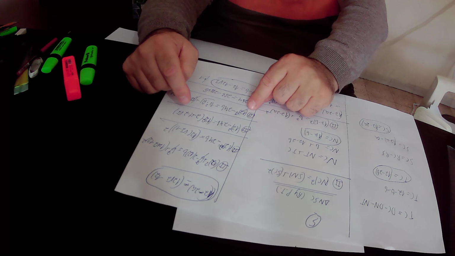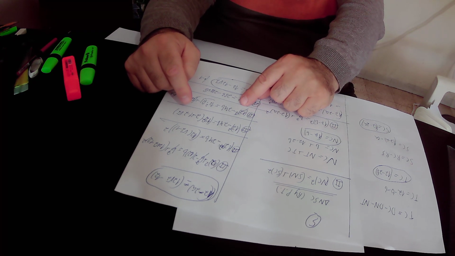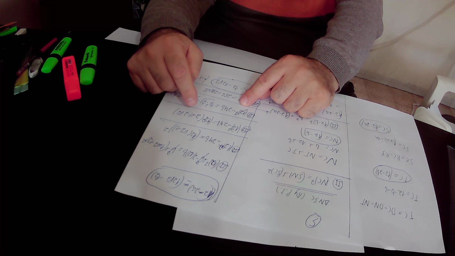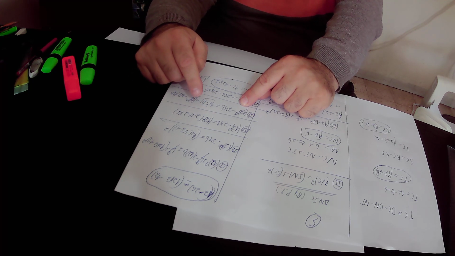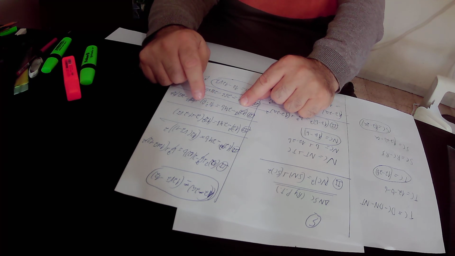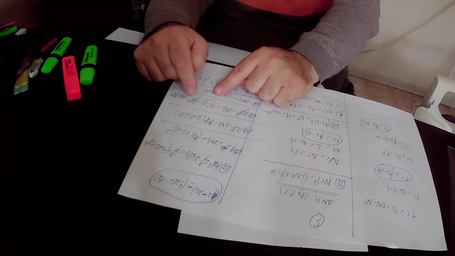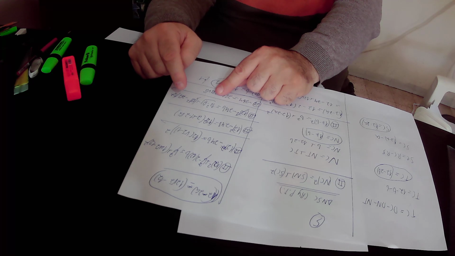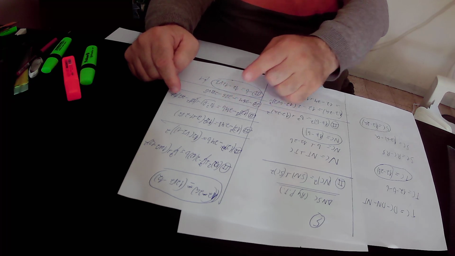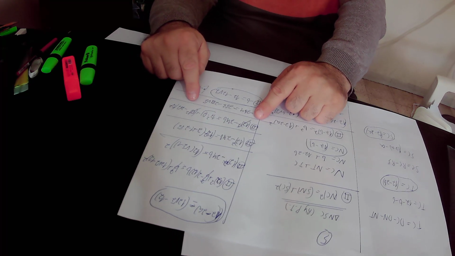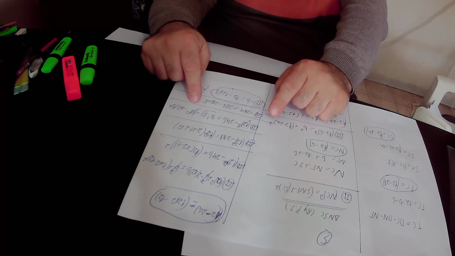So we got 12 square minus 24b. We open the brackets here, and we got 2 times 12 square plus 1 times 12 square minus 2 times square root of 2 times 12 square. We have 12 square on both sides of the equation, so 12 square will get cancelled.